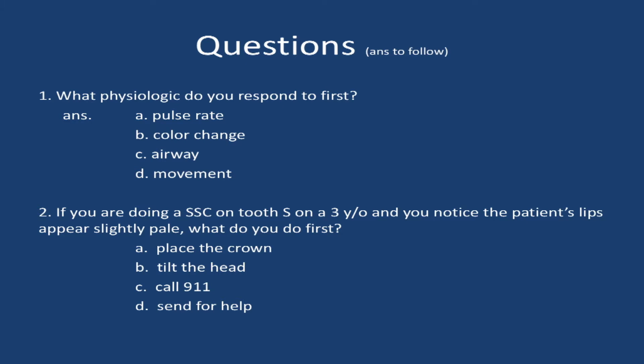We know from the discussions with other modules up to this point that respiration is the major cause of any of the pediatric conditions that we typically see. It doesn't account for patients who have a medical condition, but typically with a healthy child, the airway is what has not been managed well. So what physiologic parameter do you respond to first?